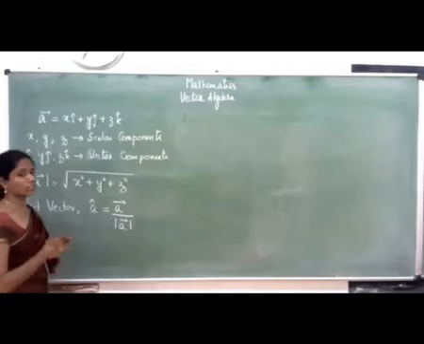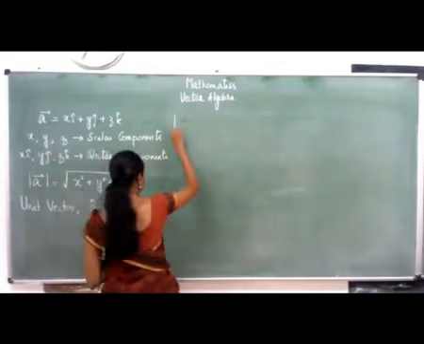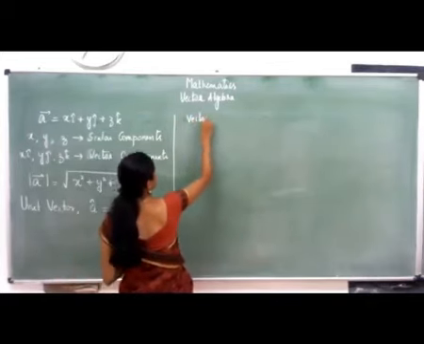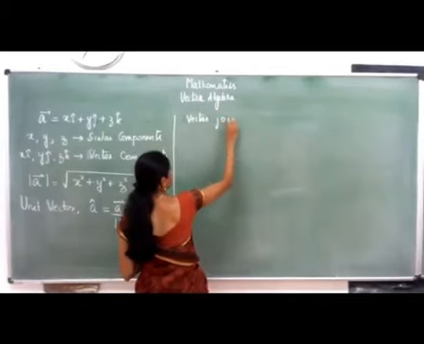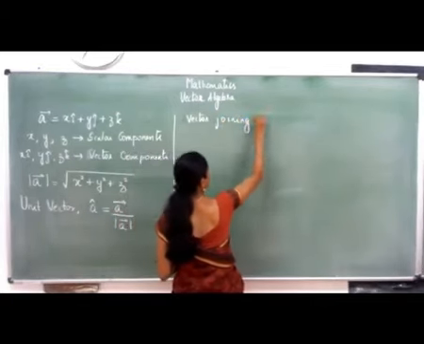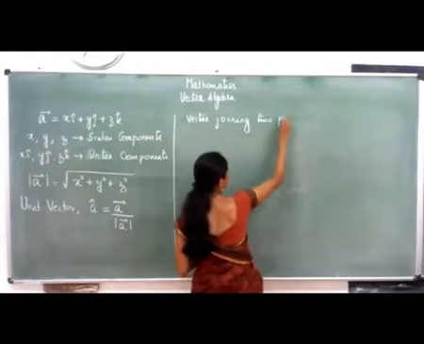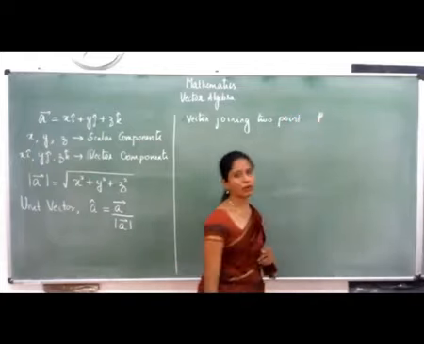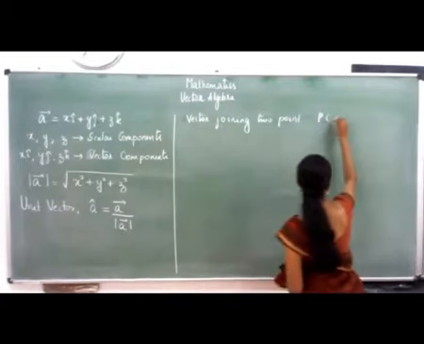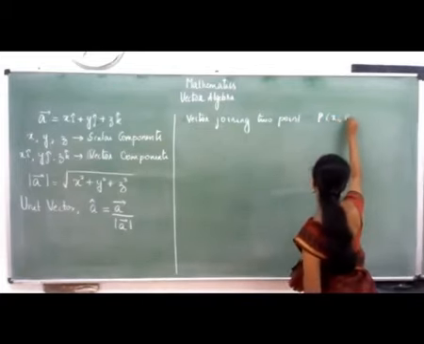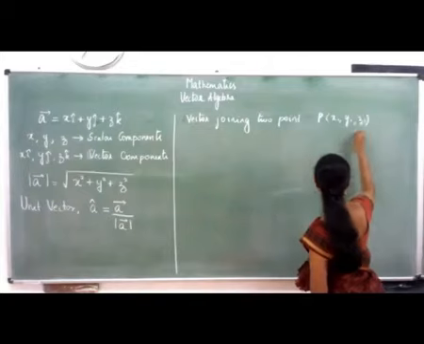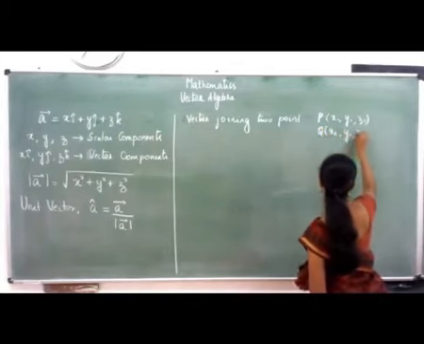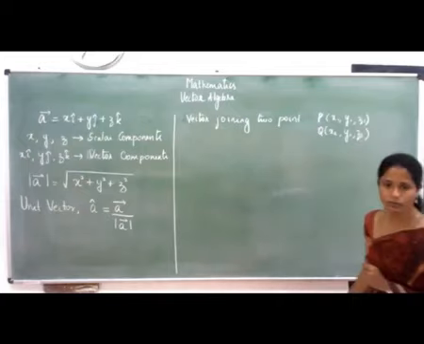Then, what is the vector joining two points? We have studied the vector joining any two points. Let us consider point P and point Q, where point P has coordinates x1, y1, z1, and point Q has coordinates x2, y2, and z2.